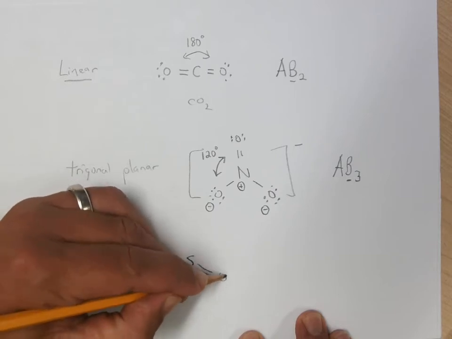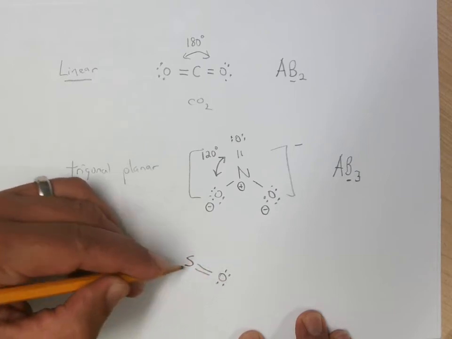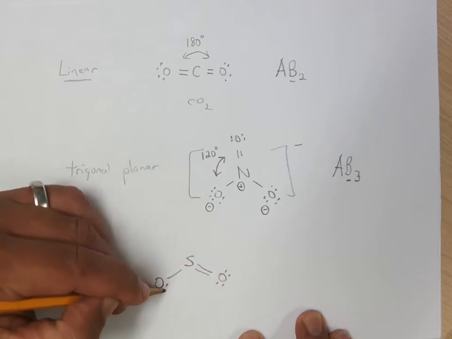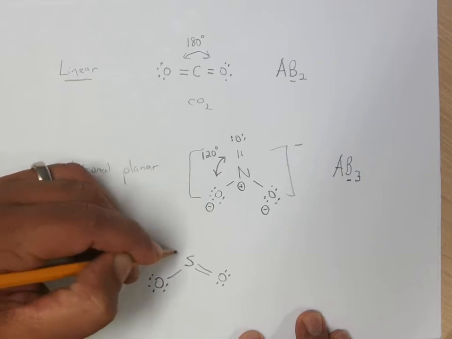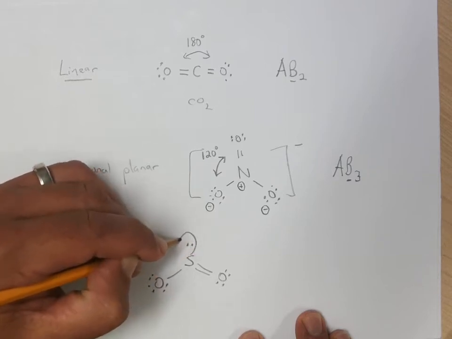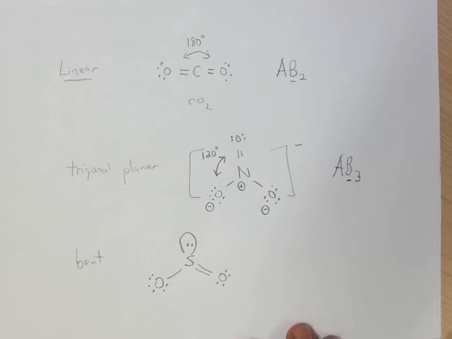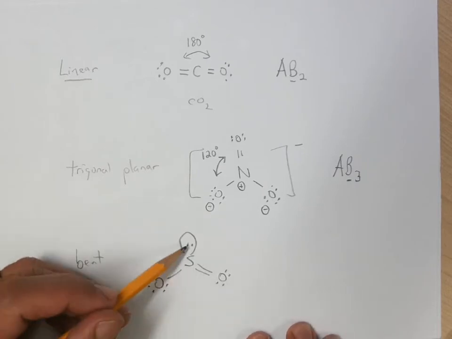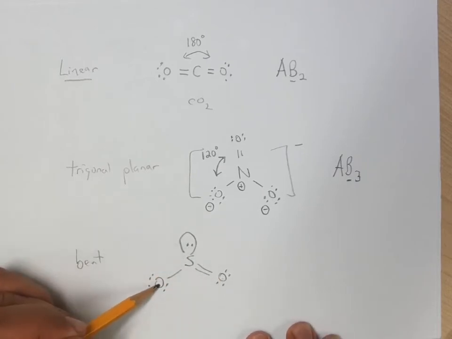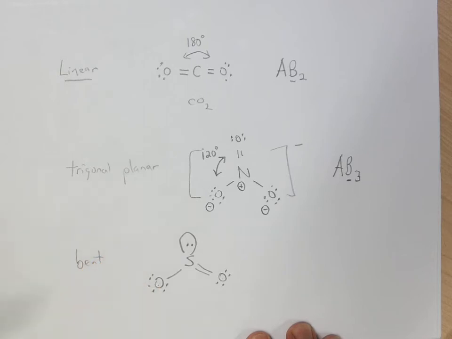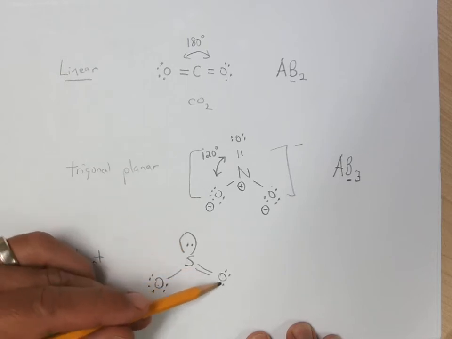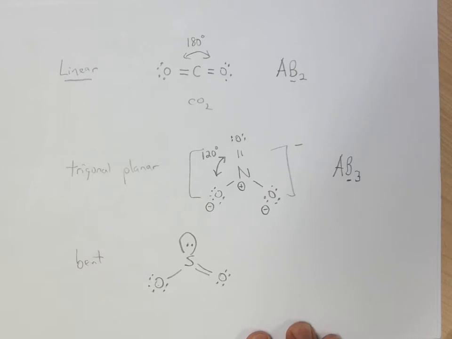And this bent shape will be based on the trigonal planar electron domain geometry. So in sulfur dioxide, you have a lone pair and two atoms. So the way to think of this, the geometry of those three things, is you have a trigonal planar structure.